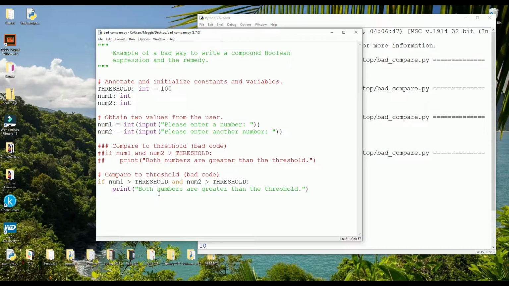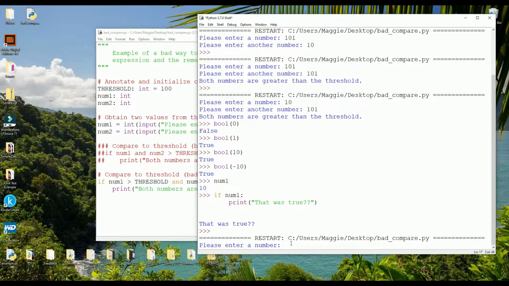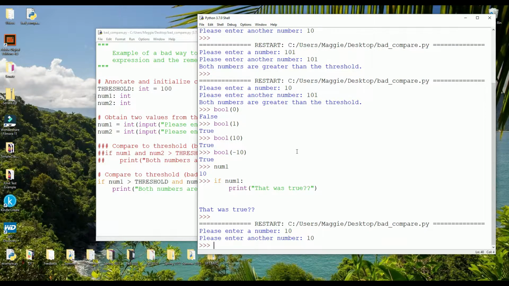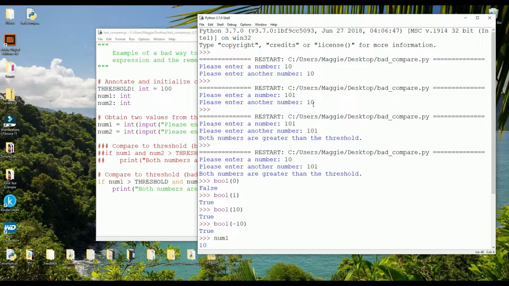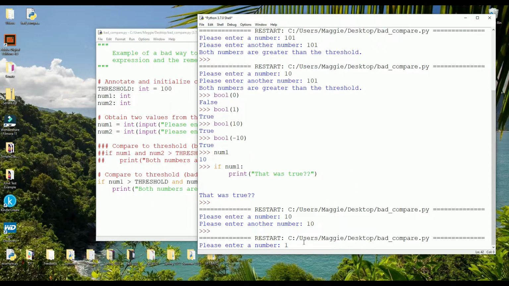Let's save. And let's test on our 4 tests again. Okay, so 10 and 10, we should not get a message. Our next one was 101 and 10, and we should not get a message.